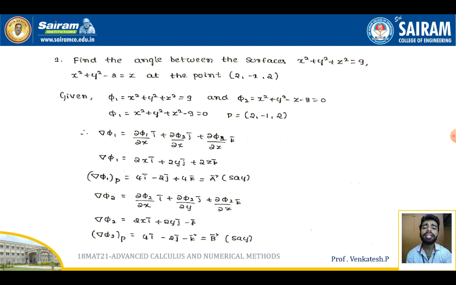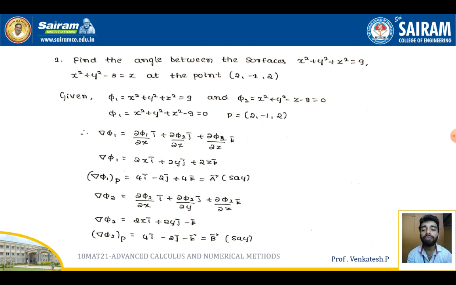Similarly, I am going to evaluate grad pi 2. The formula is dou pi 2 by dou x i cap plus dou pi 2 by dou y j cap plus dou pi 2 by dou z k cap. Differentiating pi 2 with respect to x, I will be getting 2x. Differentiating with respect to y, I will be getting 2y. Differentiating with respect to z, I will be getting minus 1. So I got 2x i plus 2y j minus k cap.